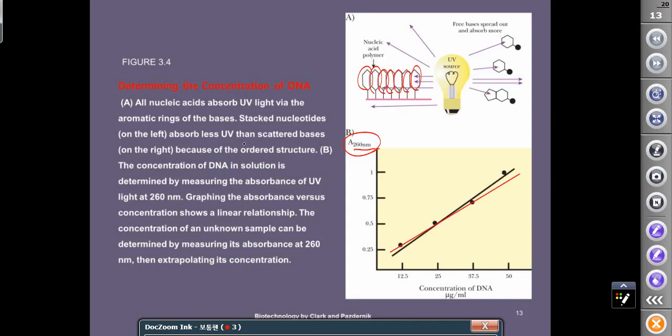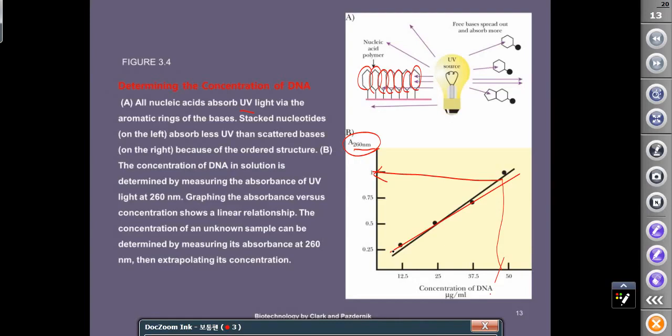You use UV spectrometry. So if you have higher concentration, of course you should be able to see higher absorbance. Transmission is the opposite. You shouldn't be confused about that.